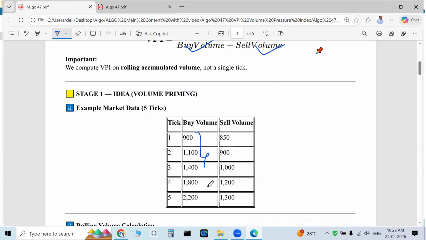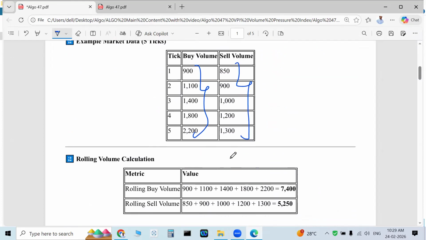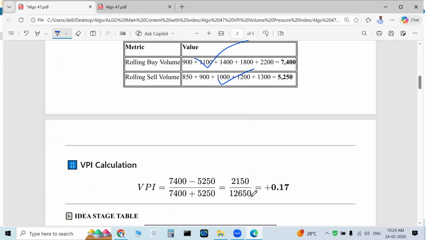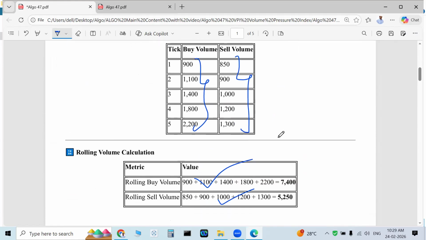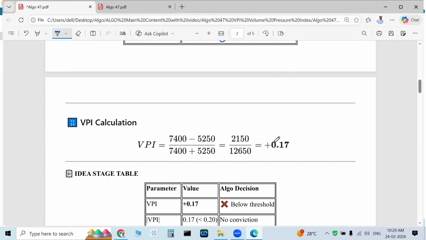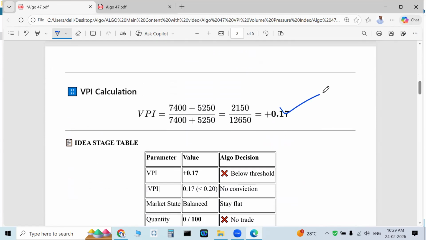First, this is the buyer volume and this is the seller volume happening in each of the 5 ticks. We add all the buy volume, we add all the sell volume, and in this formula we put buy volume minus sell volume over buy volume plus sell volume, summed over all of these, and we get the value of VPI as 0.17.